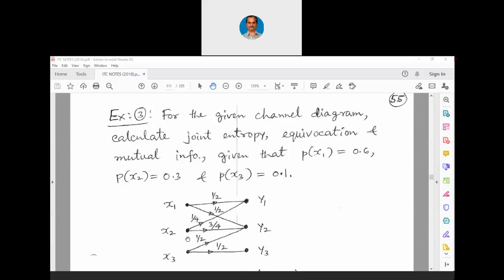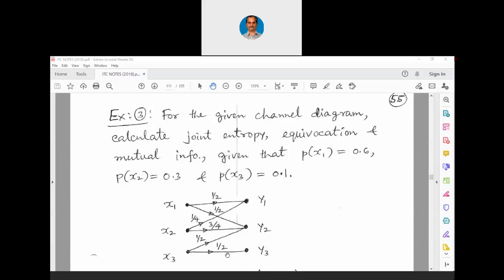So, P of y3 slash x2 is 0. Lastly, P of y1 slash x3 is not given. P of y2 slash x3 is half. P of y3 slash x3 is half. When P of y1 slash x3 is not given, it is 0, because half plus half is 1.